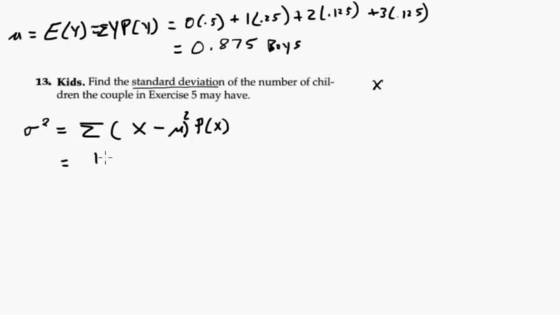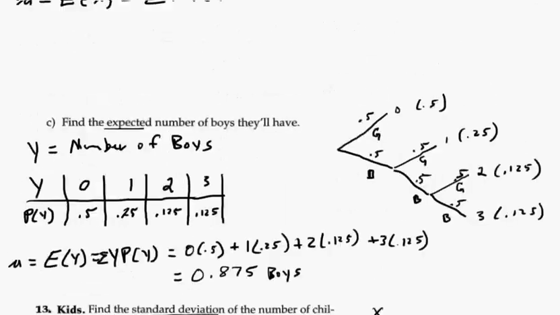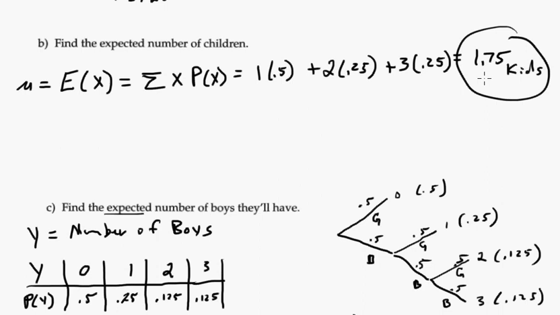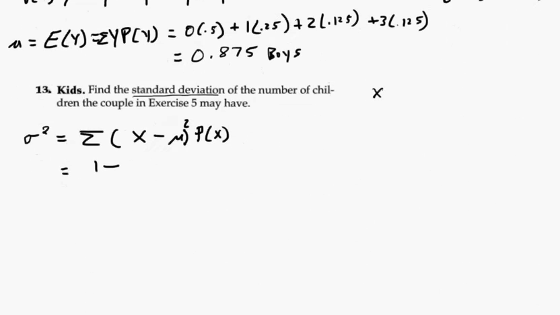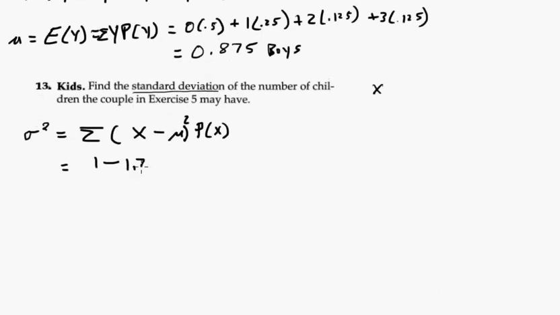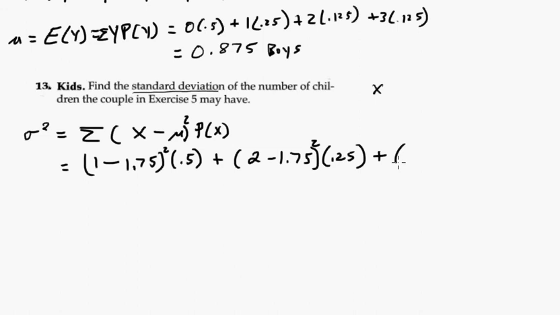So it would be 1 minus, and remember the expected value is 1.75, so 1 minus 1.75 squared times 0.5, because that was the probability, plus 2 minus 1.75 squared times 0.25. And then finally, 3 kids, 3 minus 1.75 squared times 0.25.